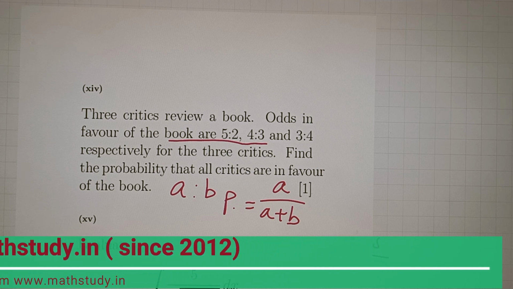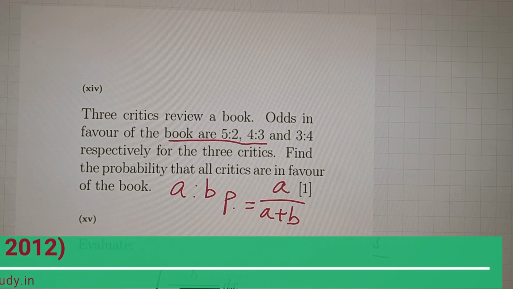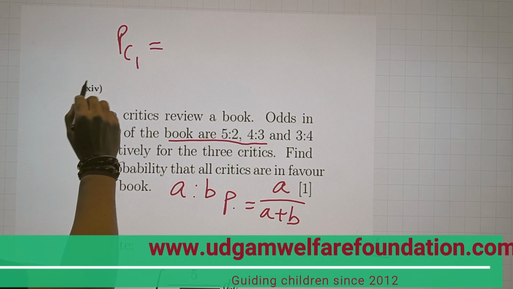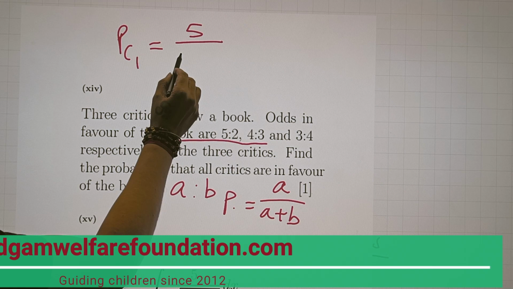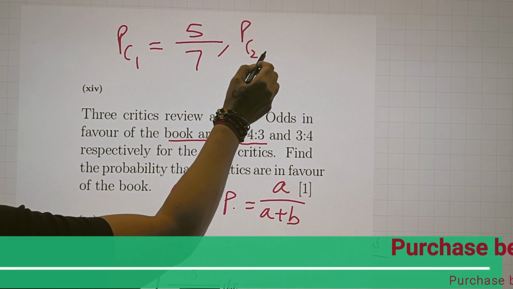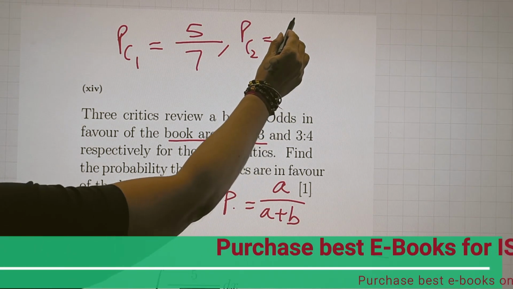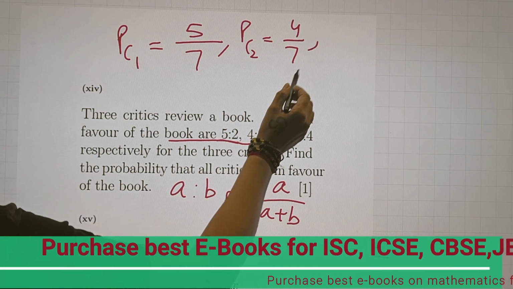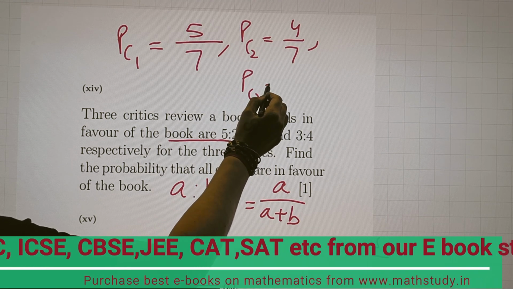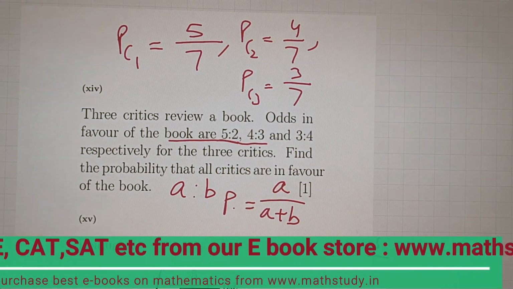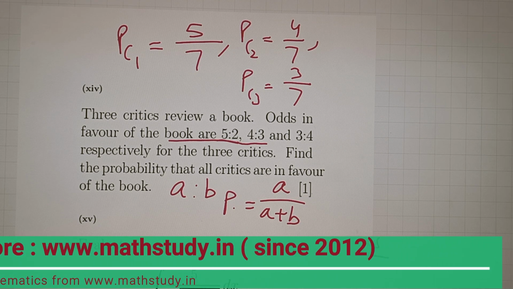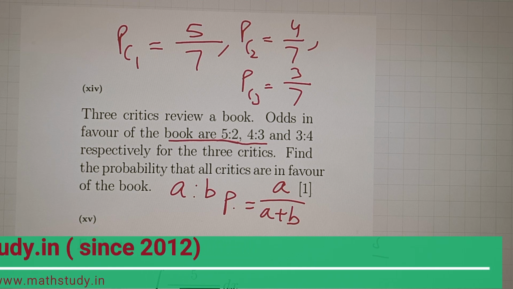For the first critic, odds in favor of the book, so probability of critic 1 is equal to 5 upon 5 plus 2, that is 7. Similarly probability for critic number 2 is 4 upon 7, and probability for critic number 3 is 3 upon 7 only.